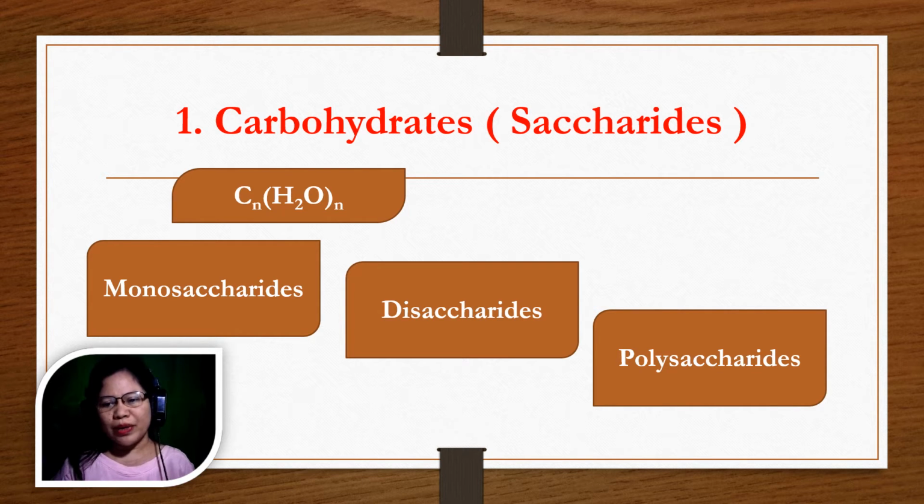Remember, why do we need to eat? Why do we need to eat rice and all the food that we eat every day? Because carbohydrates are the primary source of energy for our body. So in short, carbohydrates are the energy-giving food.